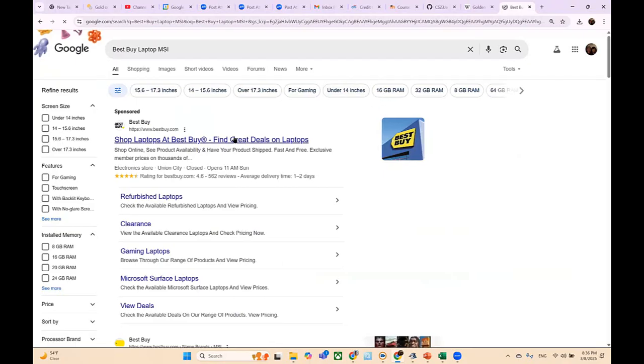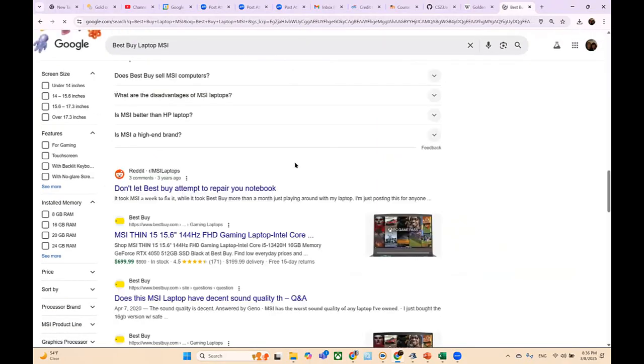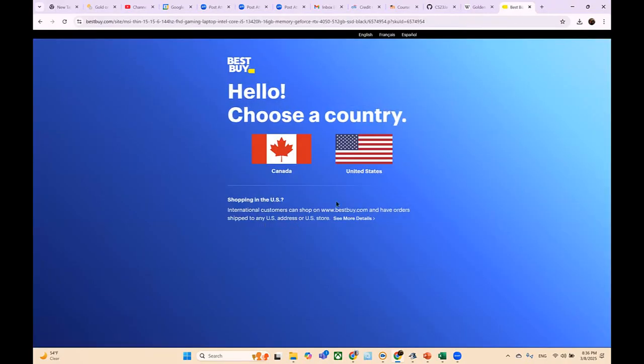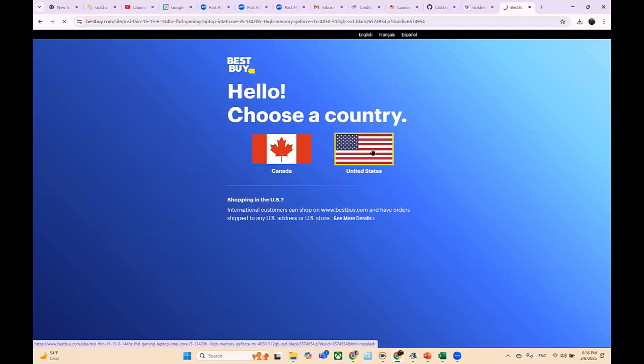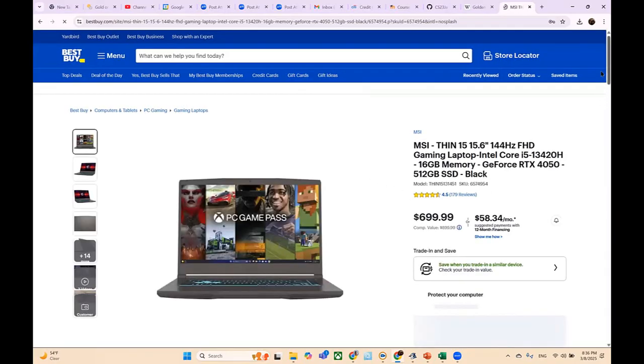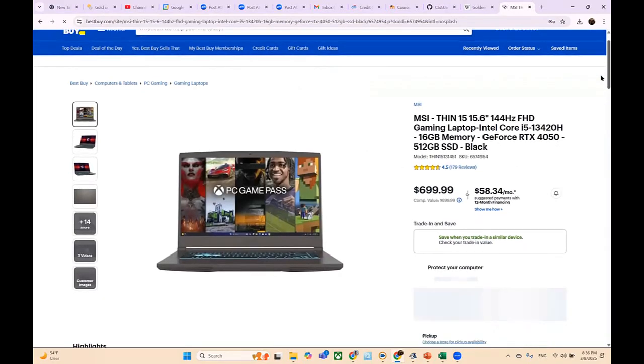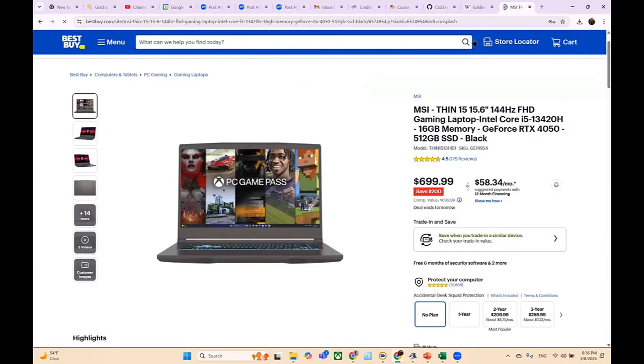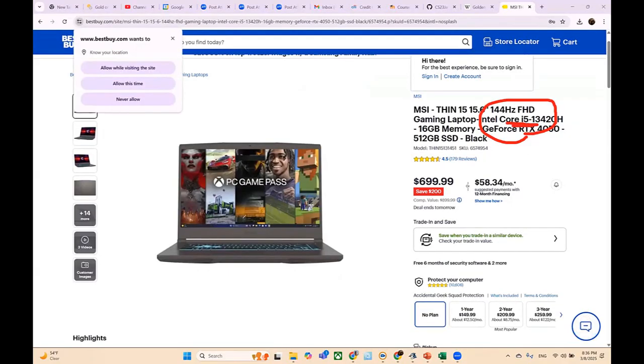Let's go to Best Buy, MSI, US. How come we need to choose USA or Canada? Anyway, this one is an MSI. It has a Core i5 CPU, okay?